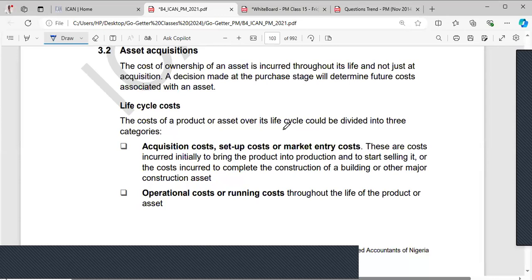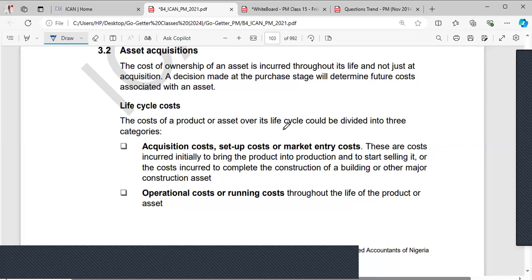The first one is the acquisition cost, setup cost, or market entry cost. These are costs incurred initially. What I usually say is that it is the cost incurred in purchasing the asset and putting it in the location in working order.